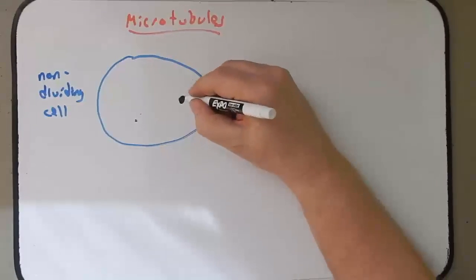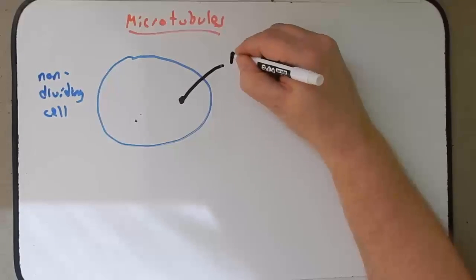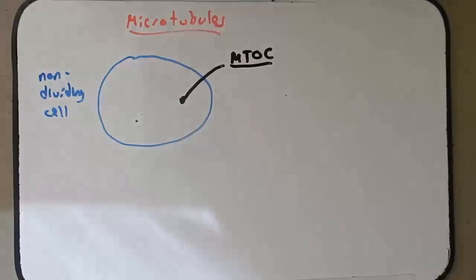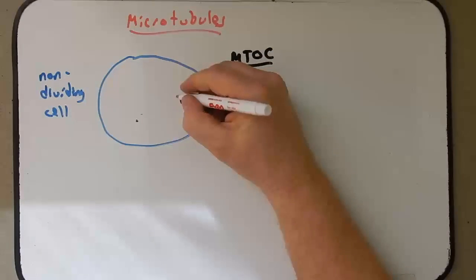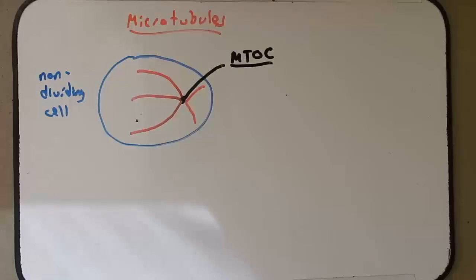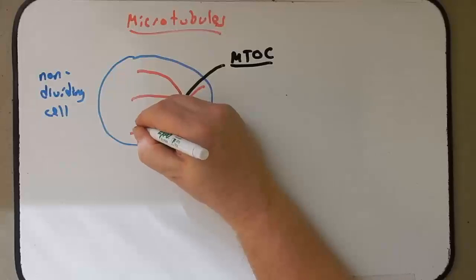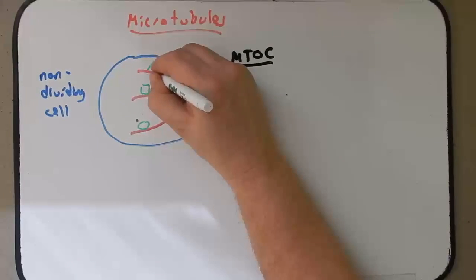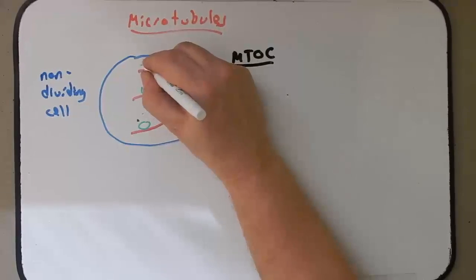Microtubules always originate in their development through something called the Microtubule Organizing Center, or just MTOC. And from the MTOC, microtubules will grow.